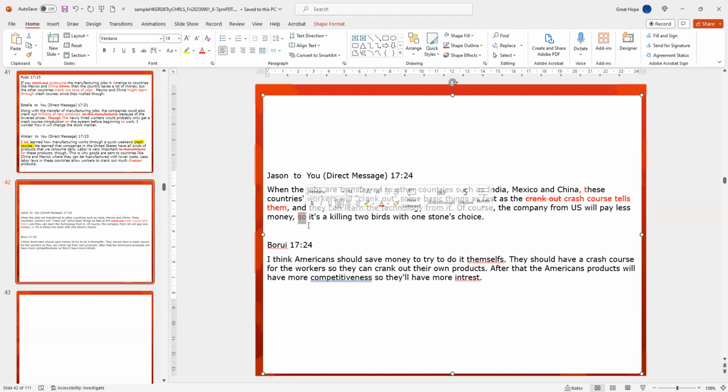You understand that, right? So we'll pay less money. It's a killing two birds with one stone choice. That would be a very good example of using an idiom or proverb. Anyway, it's good writing. Other than that, just pay attention to the minor things. All right, Jason? Okay. Thank you.